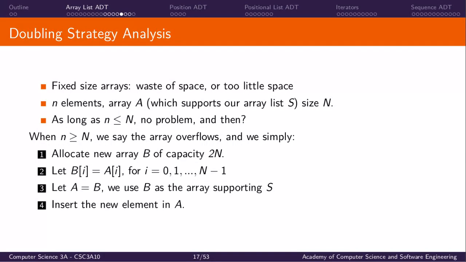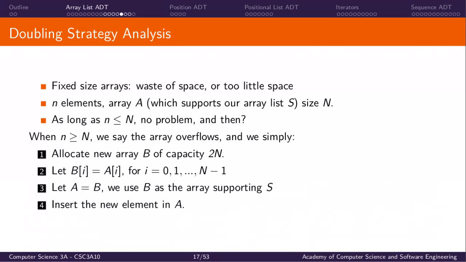So each time, instead of now adding a constant amount, we instead double the size of our array. Again, we'll have to copy everything that was in our old array into our new array, but this time we're doubling the capacity of our array each time.